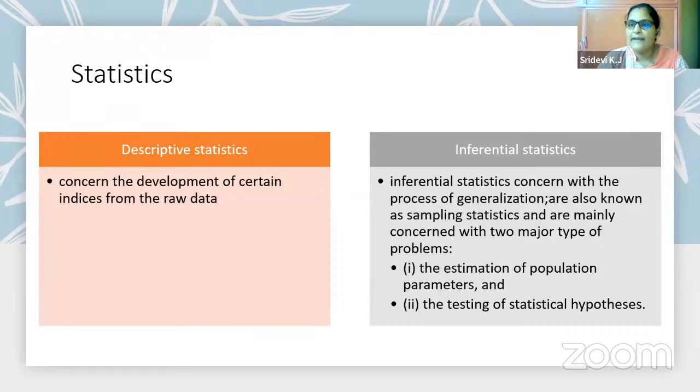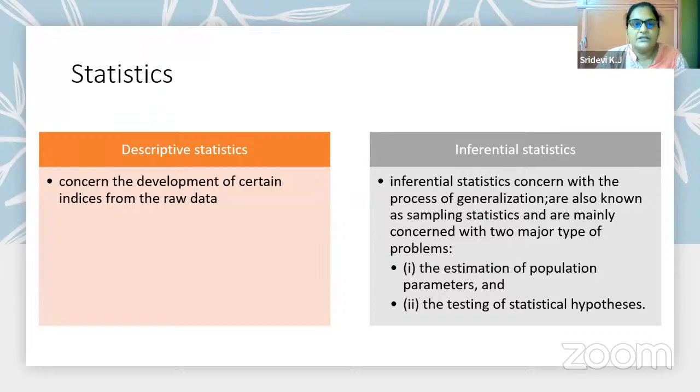And how the biases would come when you are starting your research. Where could it begin? So with that introduction, today we are getting into the second session of research methodology.